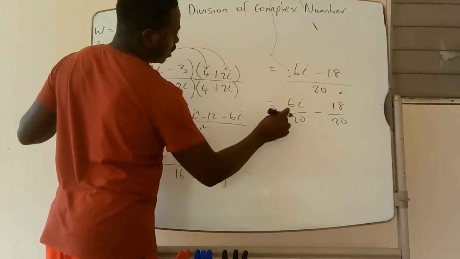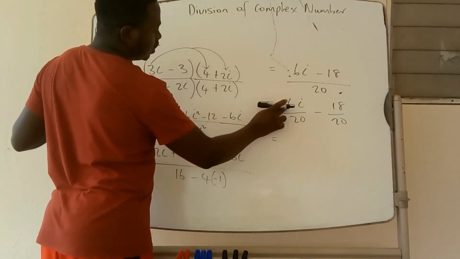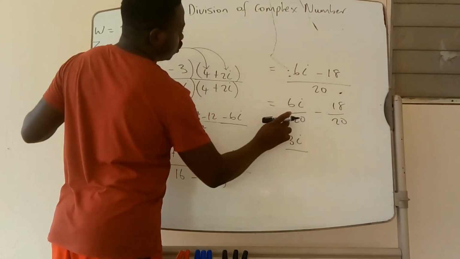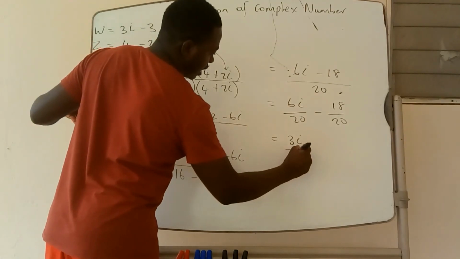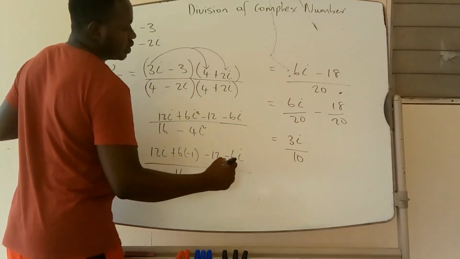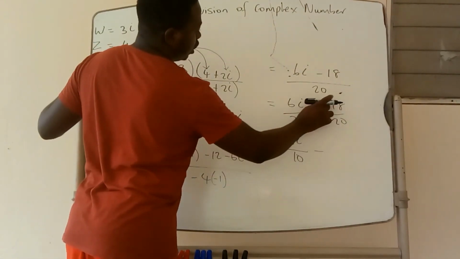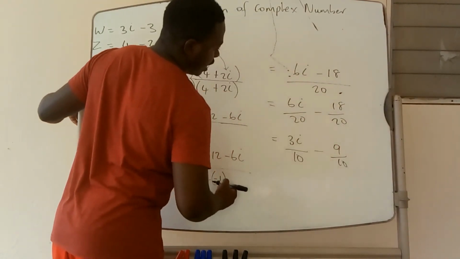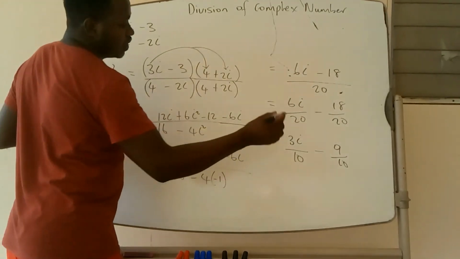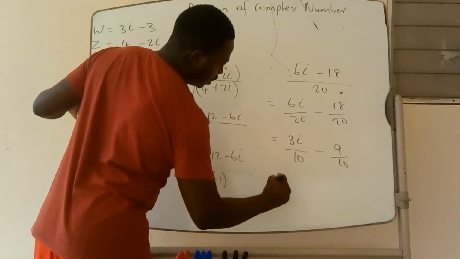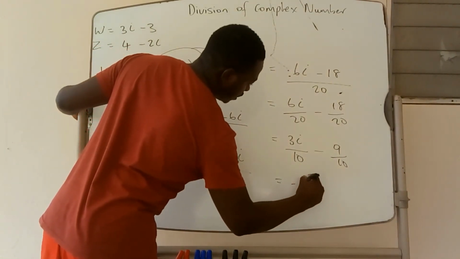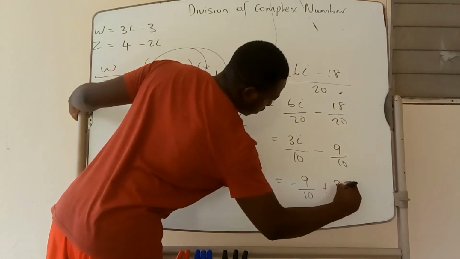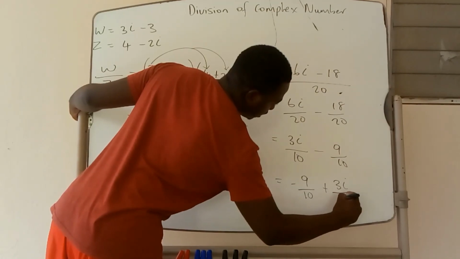So 6 divided by 2 is 3, so this is going to be 3i over 20 divided by 2, that's going to give us 10. And minus 18 divided by 2 gives us 9 over 10. Alright? Now we can rearrange it around. So this is the same thing as minus 9 over 10 plus 3i over 10.